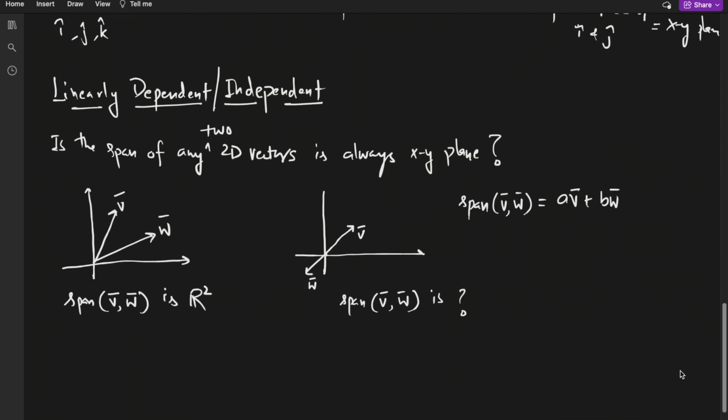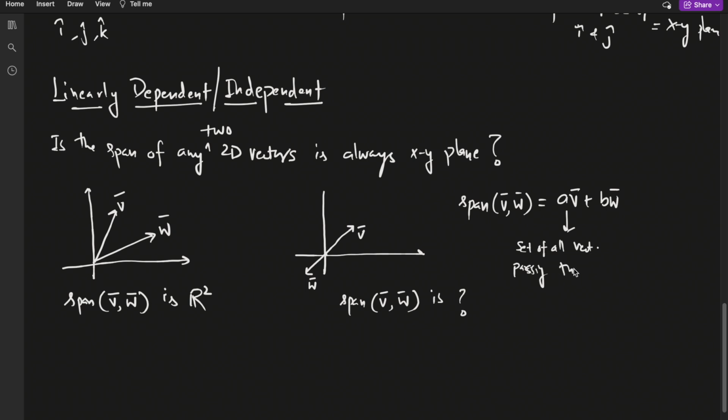Okay, so what is this? This is the set of all vectors passing through V, right? Maybe passing is the right notation.